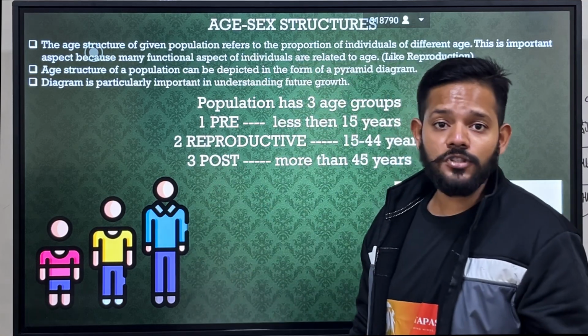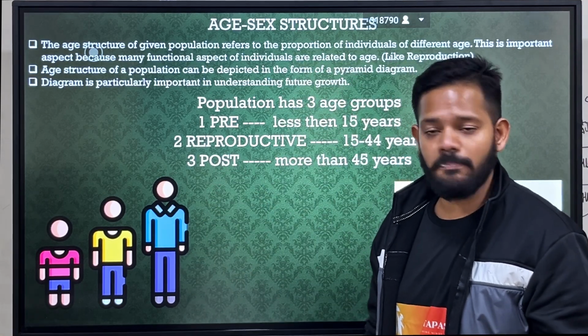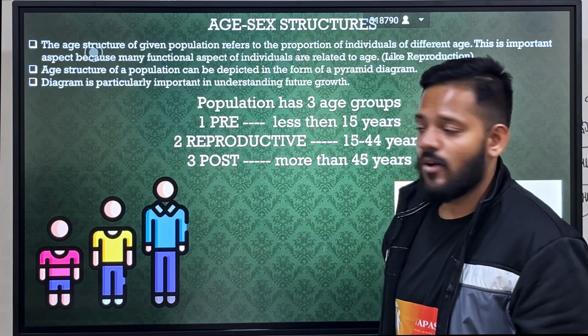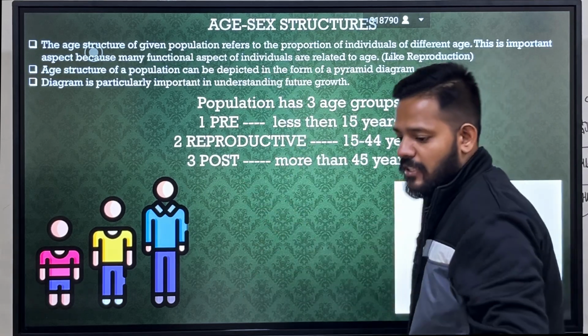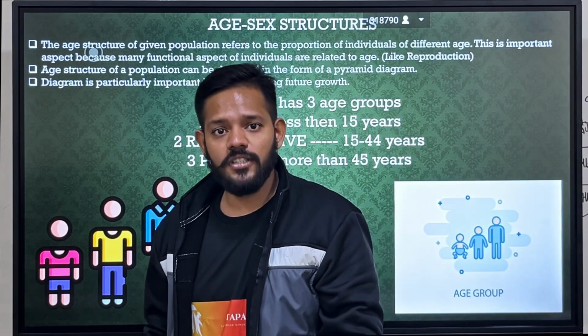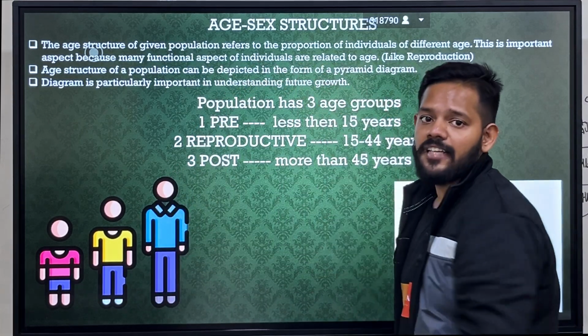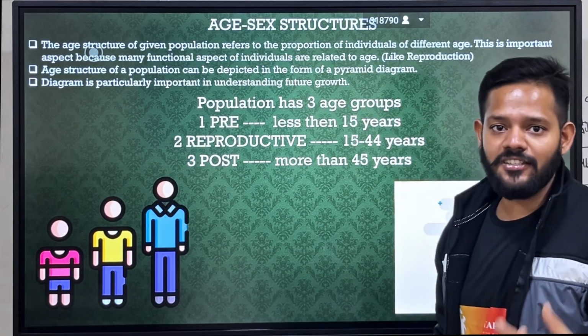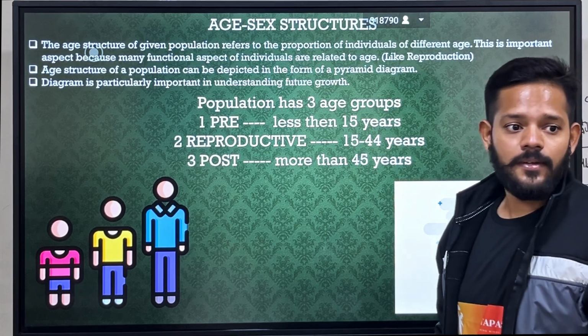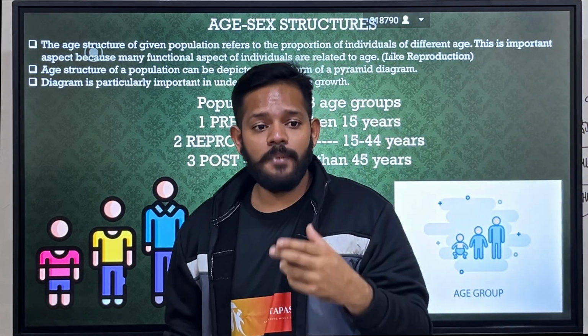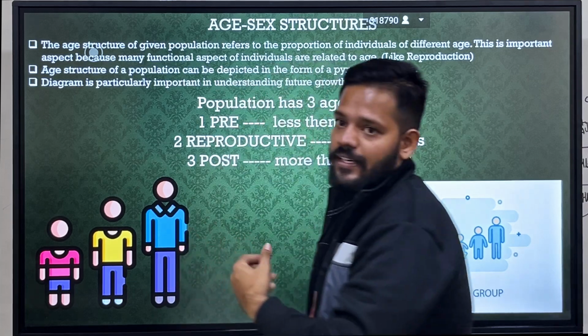And then post-reproductive means old age people, more than 45 years. These three populations come together and are present in a population, by which we get our age sex structure or age sex distribution. Now we can produce a pyramid with the help of these statistics.